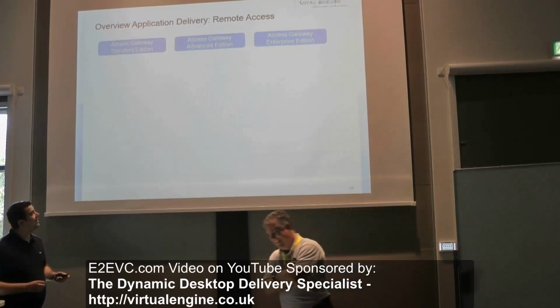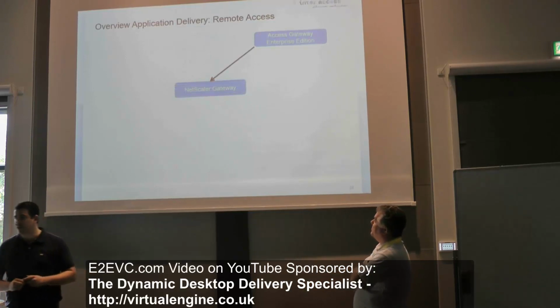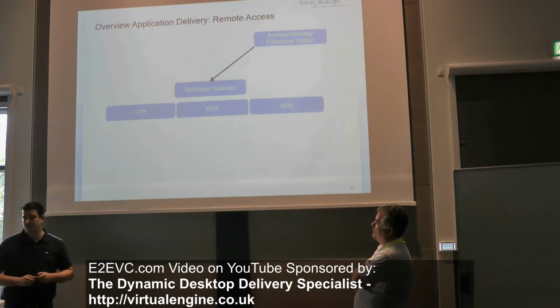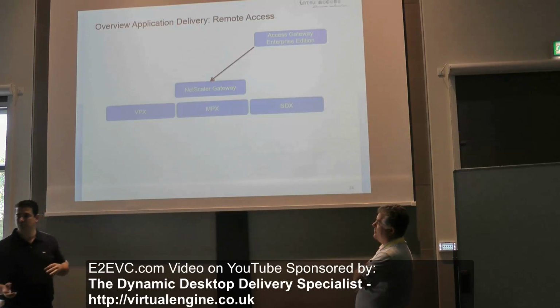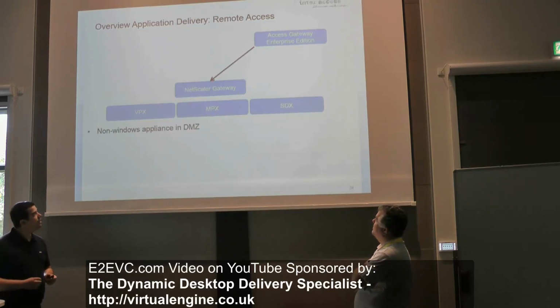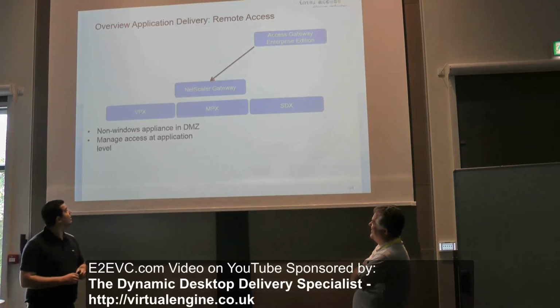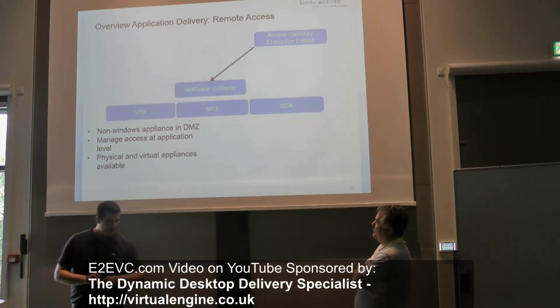It works, yeah. So we've got the Access Gateway Enterprise, which is now NetScaler Gateway. It comes in three versions: VPX, MPX, SDX. VPX is the virtual appliance, MPX is the physical appliance, and the SDX is for scaling out NetScaler in a large enterprise. So it's a non-Windows appliance in the DMZ. Access at the application level.